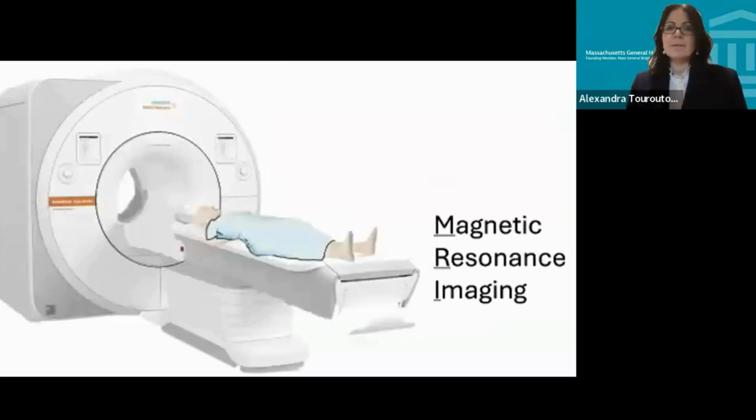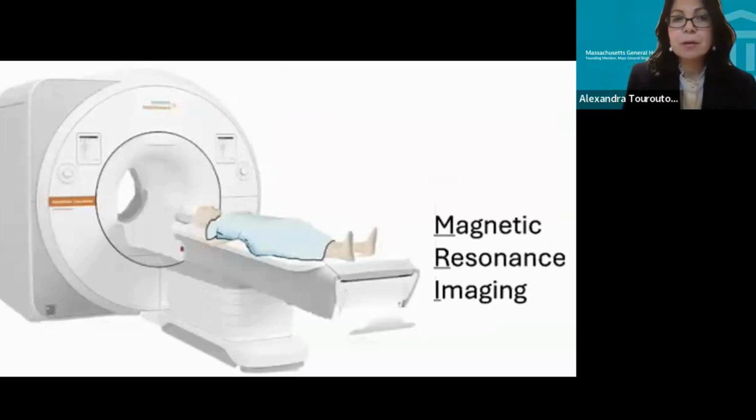And so let's talk a little bit about the MRI machine. MRI stands for magnetic resonance imaging. So what happens when you do an MRI? You can do an MRI for every part of the body, but here we're going to talk about the MRI of the brain.